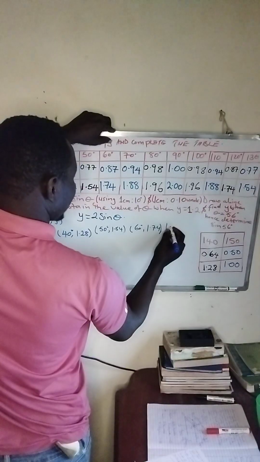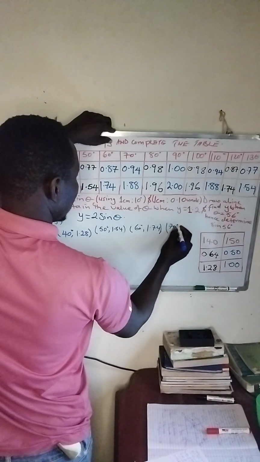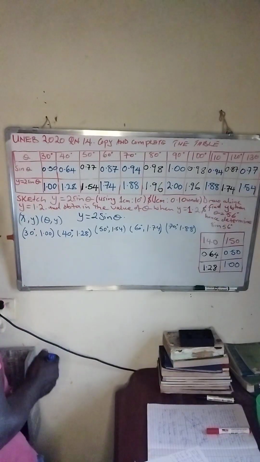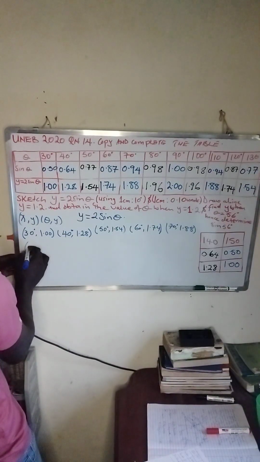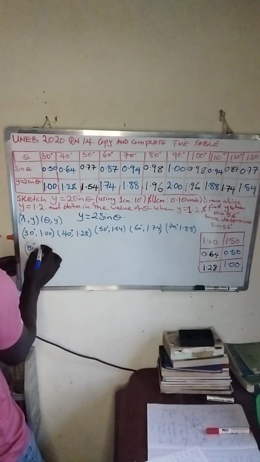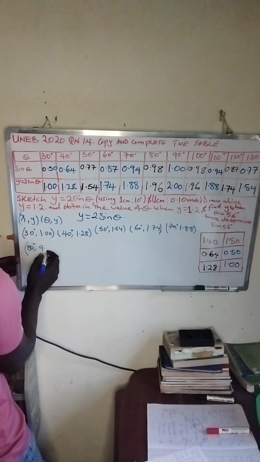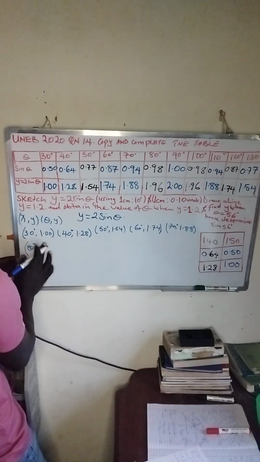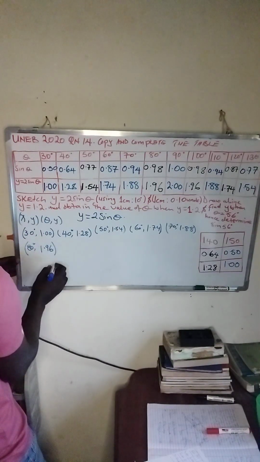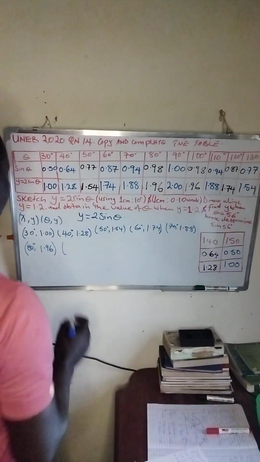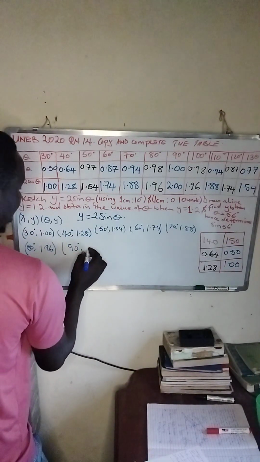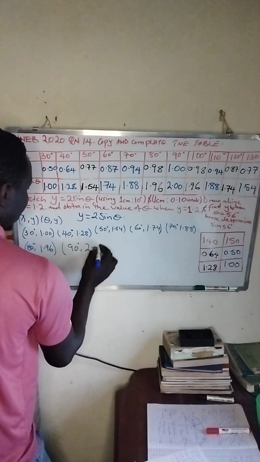Another one will be 70 degrees and 1.88. Then another point will be that of 80 and 1.96. Then another point will be 90 degrees and 2.00.